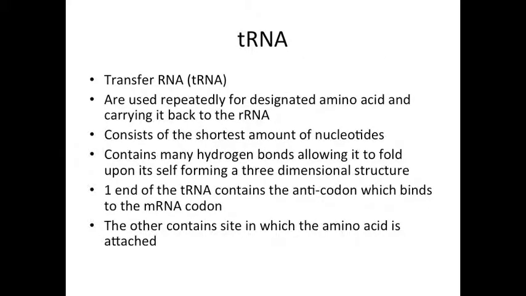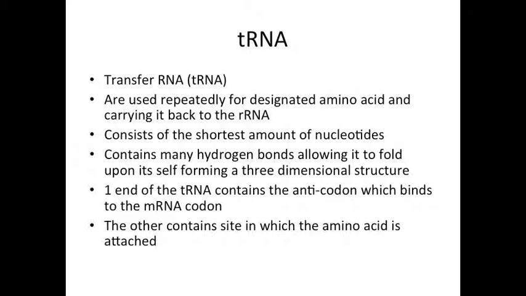The third type of RNA is tRNA, and the main function of tRNA is to transfer amino acids from the cytoplasmic pool of amino acids to a ribosome. tRNA is used repeatedly, carrying a designated amino acid back to the ribosome.